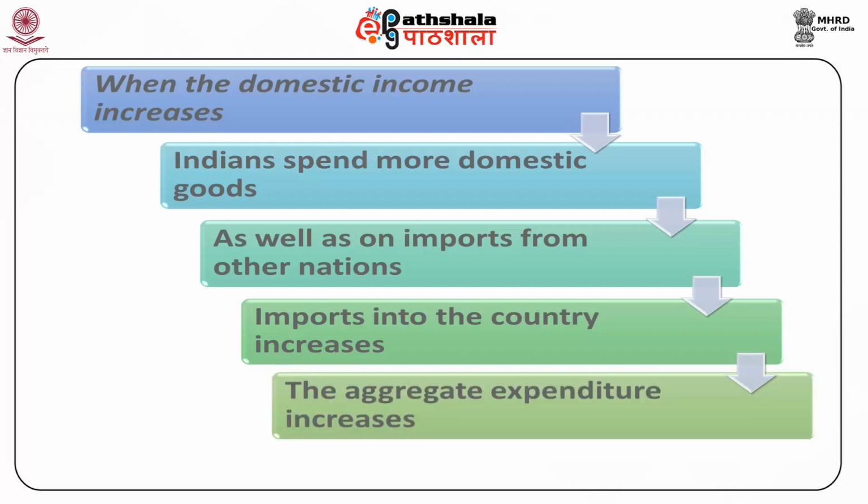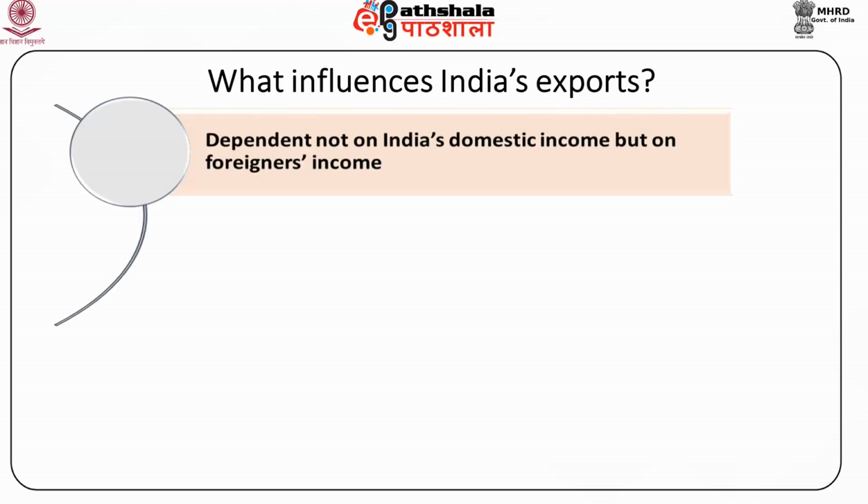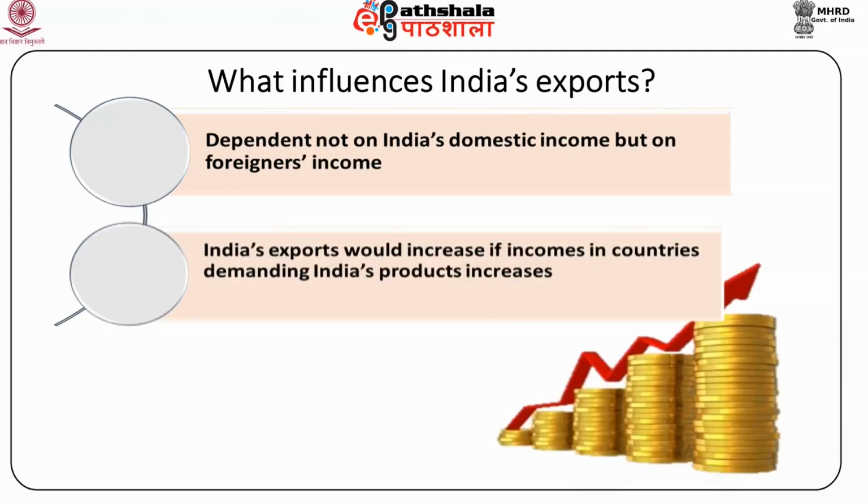Though the aggregate expenditure increases, nevertheless these are leaked out of the flow of domestic income. What influences India's exports? India's exports would be dependent not on India's domestic income but on foreigners' income. Thus, India's exports would increase if incomes in countries demanding India's products increase.